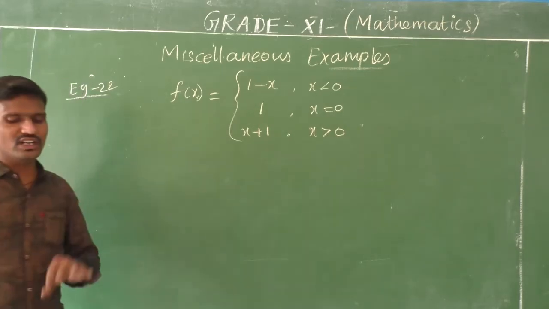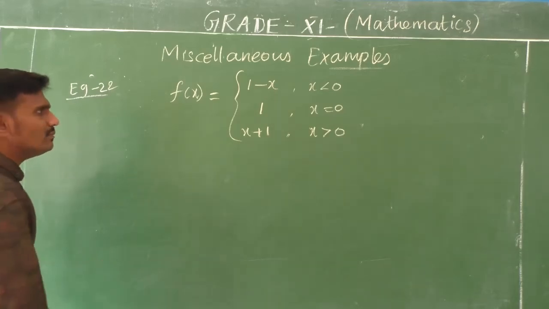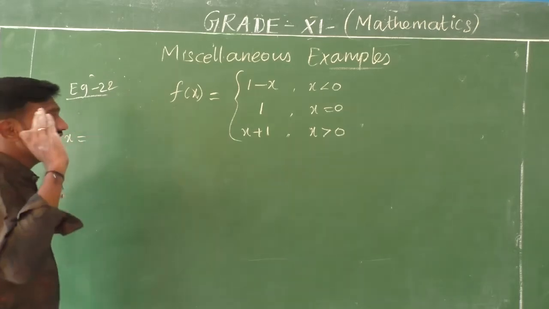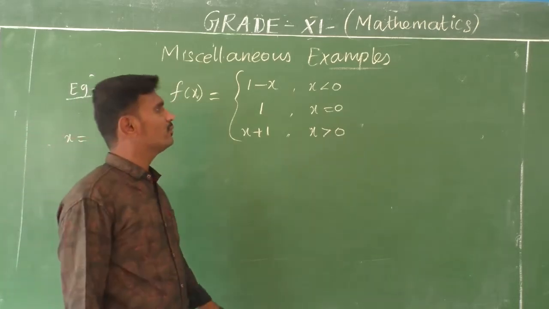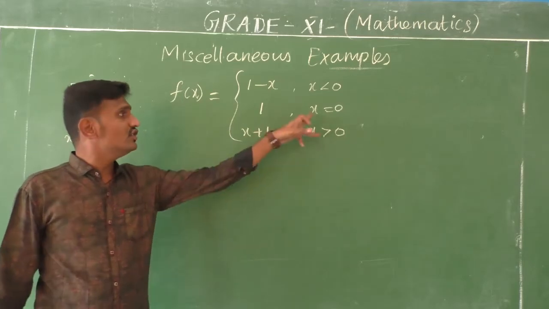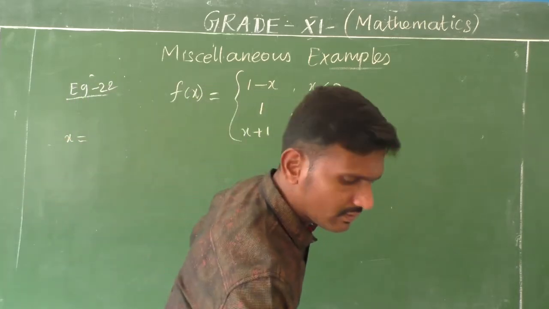So how to draw the graph? It is very simple. Use some different points. Suppose for 3 kinds also we are going to take. 3 kinds means what are they? Negative value, positive value and 0. 0 already having the value is 1.